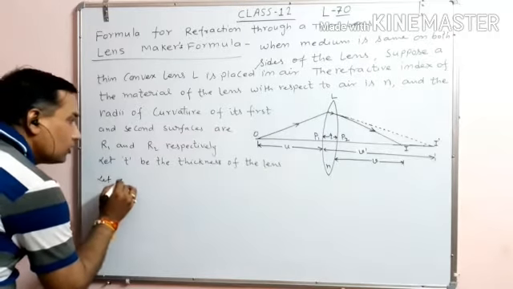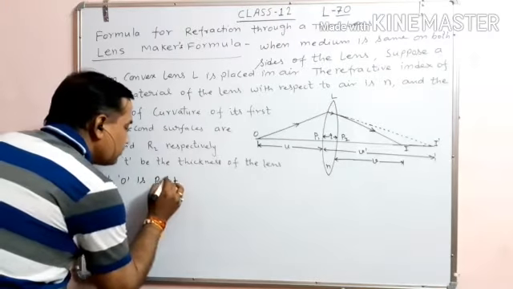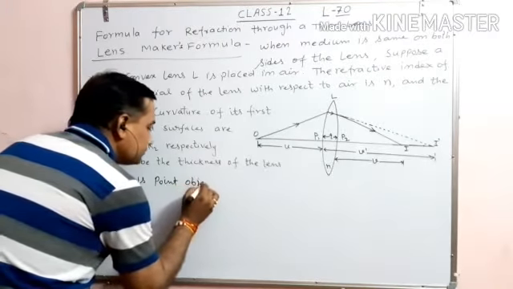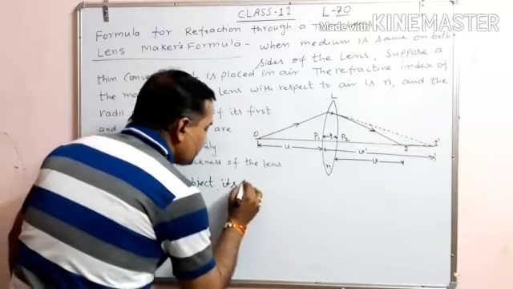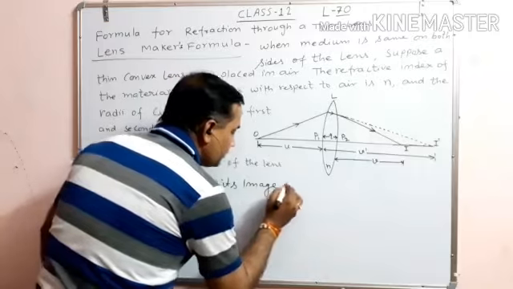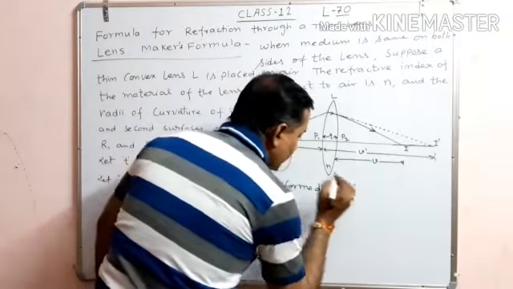Here O is a point object. Its image is formed at I dash.